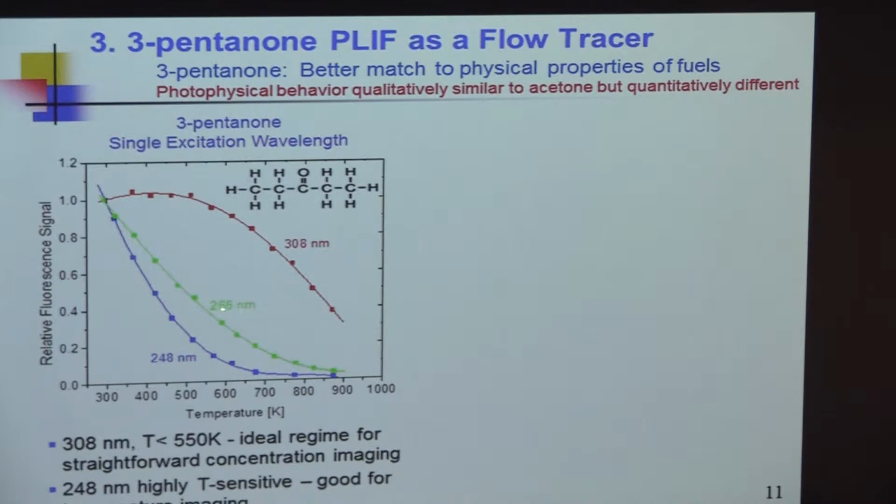If we excite at 266, which is a quadrupled YAG, we see it dies off pretty fast. If we excite at 248, which is a krypton fluoride laser, so what do we see? We see that the fluorescence signal depends on wavelength and temperature. That's both good and bad.